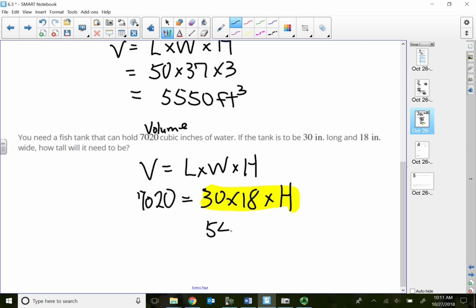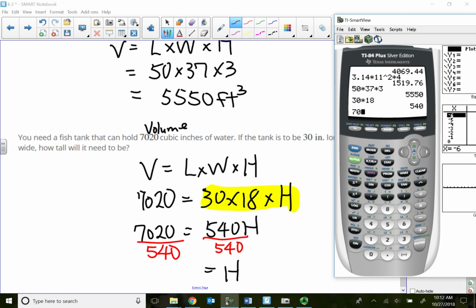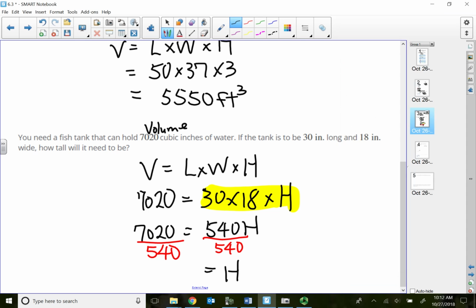So 540h is set equal to 7,020. To find the height, we divide both sides by the coefficient 540. So my height h is 7,020 divided by 540. My height is 13 inches. That would be my answer.